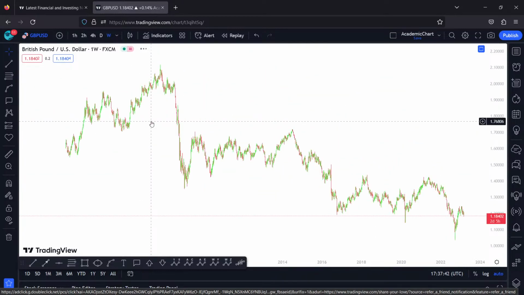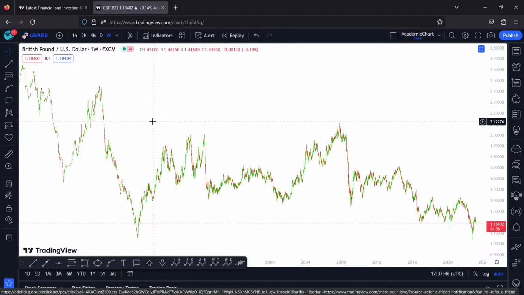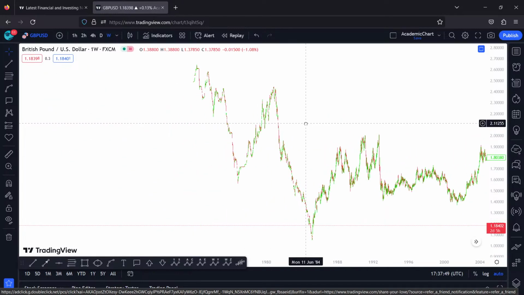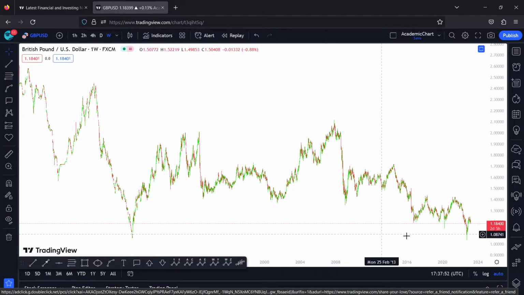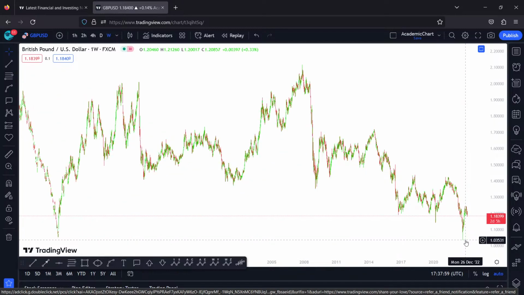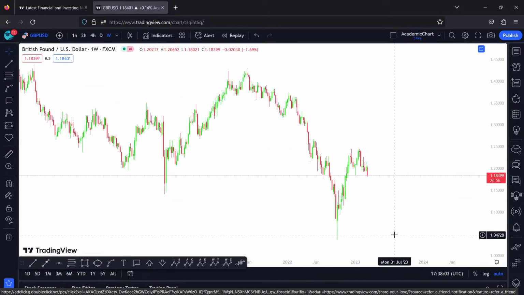Just to be aware, you don't want to zoom out this weekly chart this much, but I want to show you that in 2022 we recently reached the lowest price of this pair because of bad news regarding the British pound.